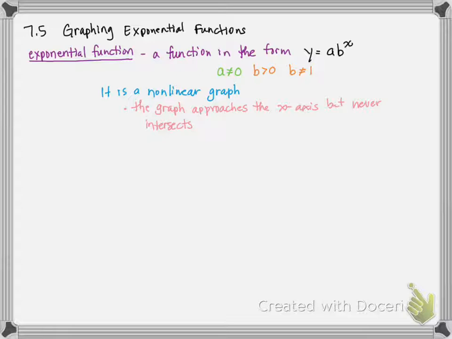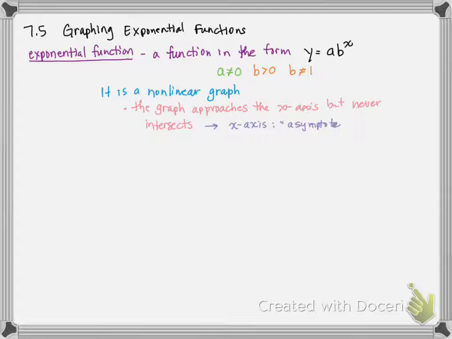Now, I am going to give you a little word, and we're going to say that the x-axis is going to be what is called an asymptote. Asymptote. Okay? And basically, that's a fancy word of saying a line that a graph approaches but doesn't intersect. Okay?